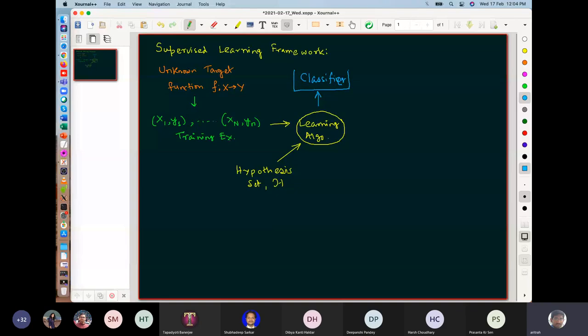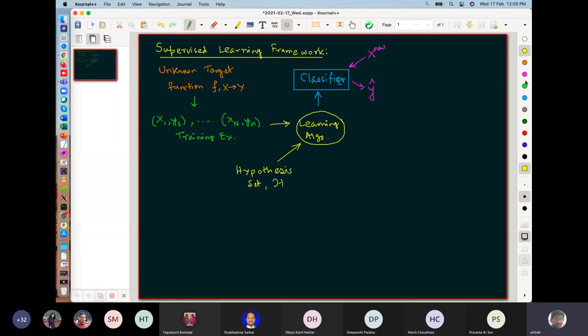This classifier is the outcome, which may be in terms of a program. And with this classifier, if you feed in new attributes, the classifier is able to give you a class. That is the overall roadmap that we came across in the supervised learning framework.